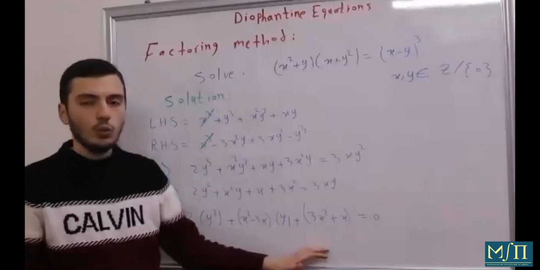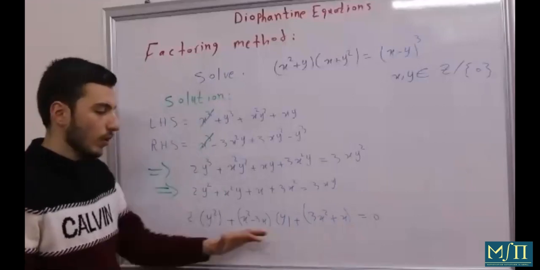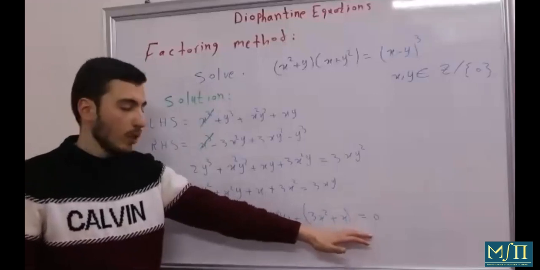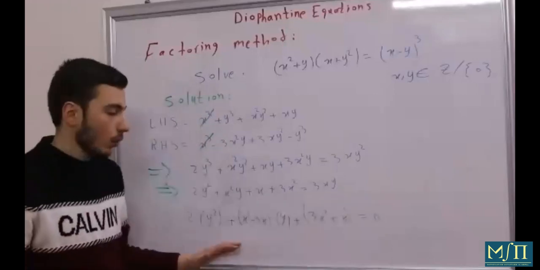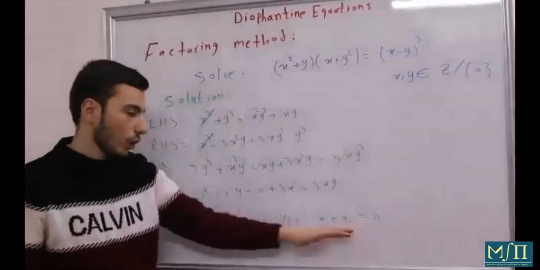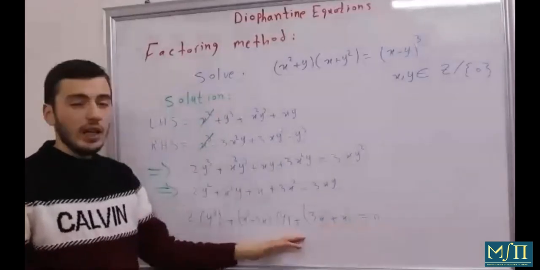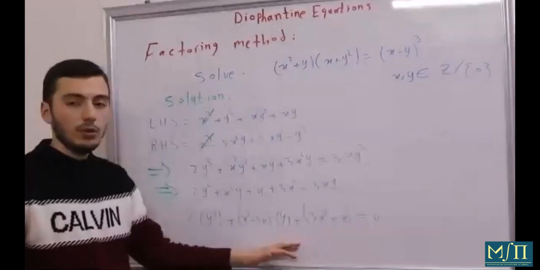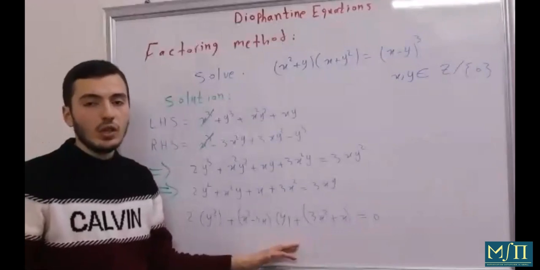So what can we do now? Well, there's a famous theorem, and the proof is very simple. When you are solving a Diophantine equation and you have a quadratic equation, then the delta, the determinant, must be a perfect square.